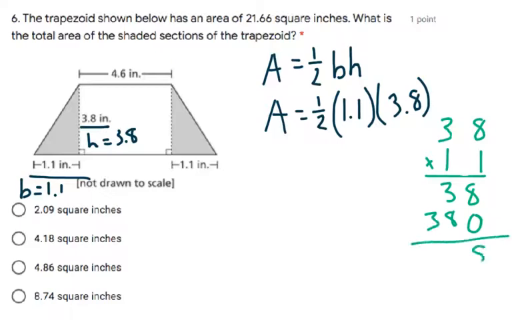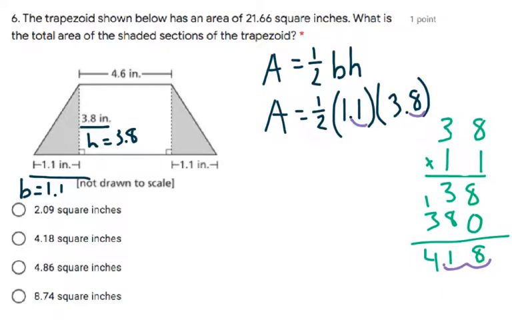And now I can add that up, and that's 418. To add the decimal point to my final answer, I need to know how many decimal spaces were in my original two numbers. So I can count 1, 2, and 1, 2. My final answer should have as many decimal places as both of my factors combined.